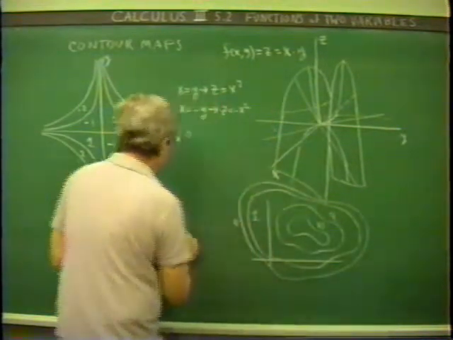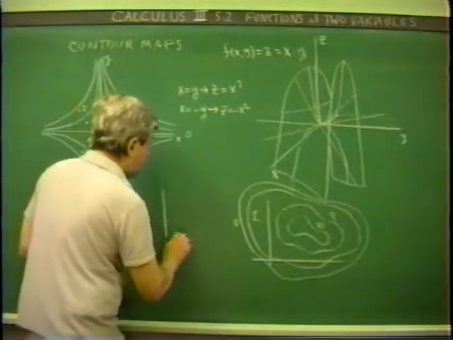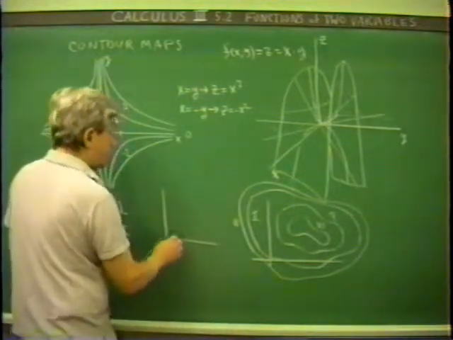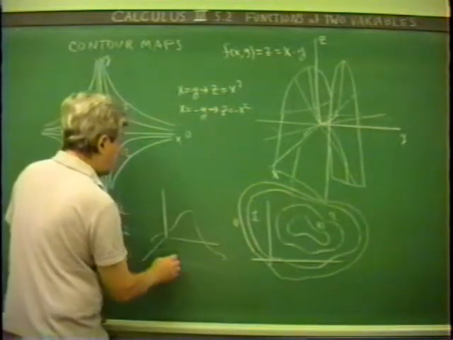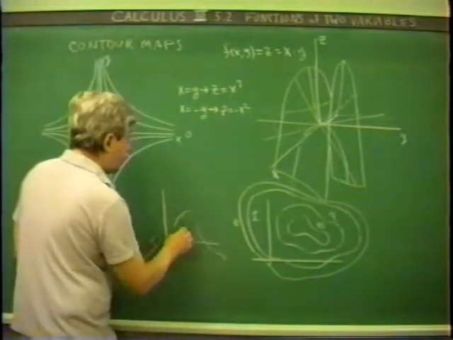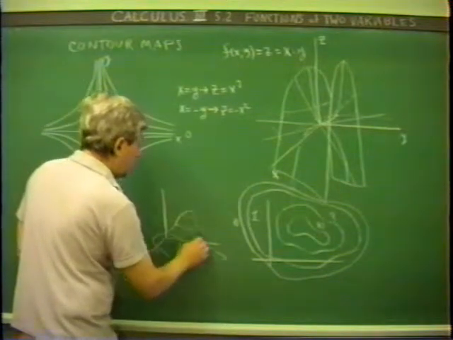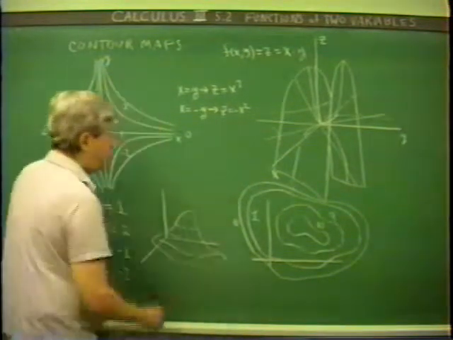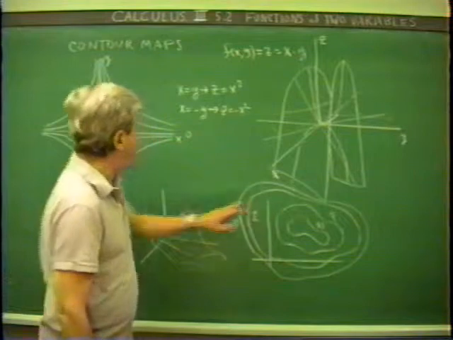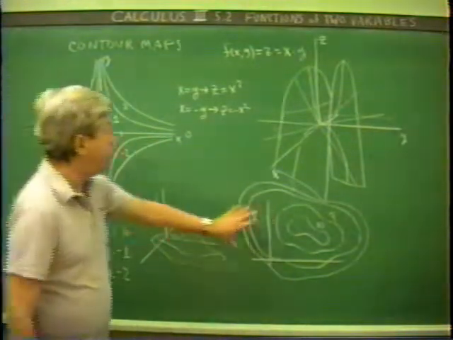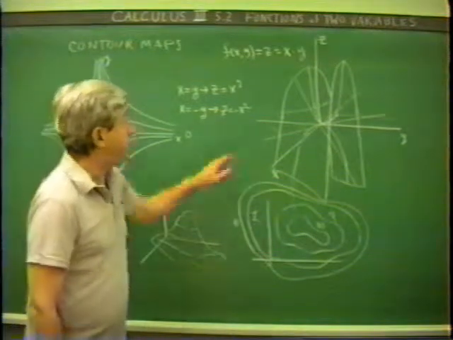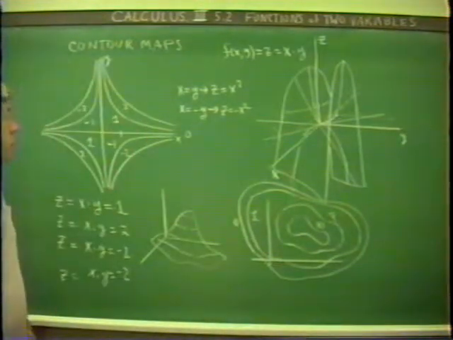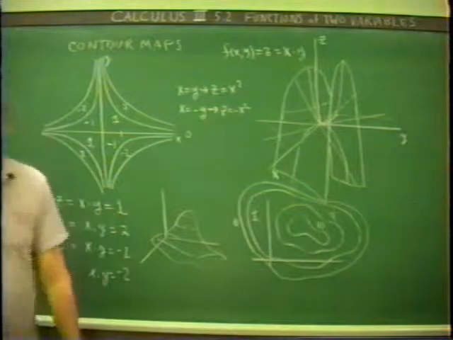There might be a minus 1 level, and the resultant picture of this object is that it's going to be some sort of a mountain here, right? With these various levels. Right? So drawing the contour map allows you to get a picture and visualize what the graph looks like. And here's an example of a numerical example where this is actually done.